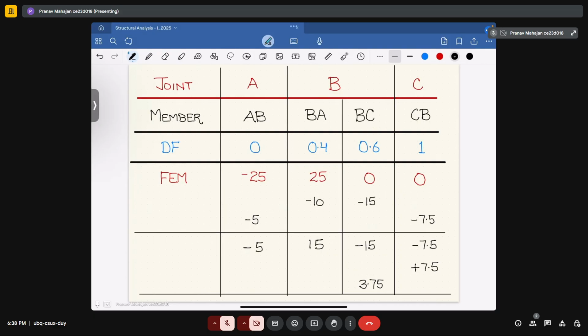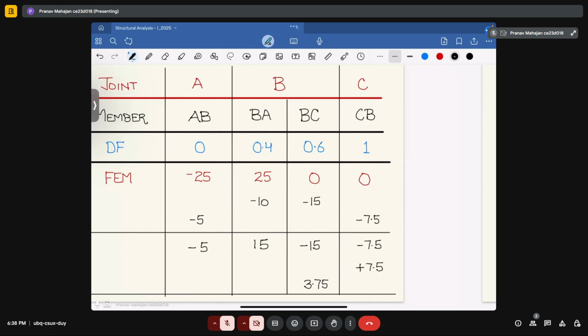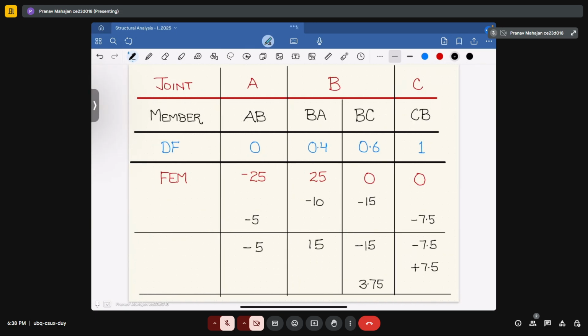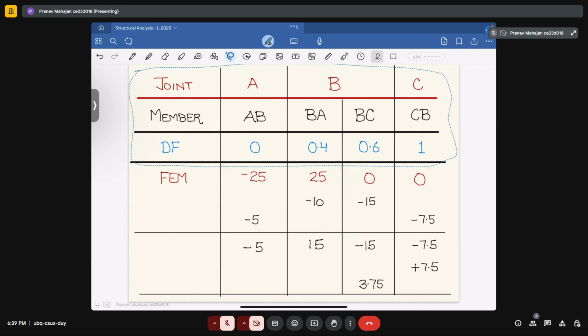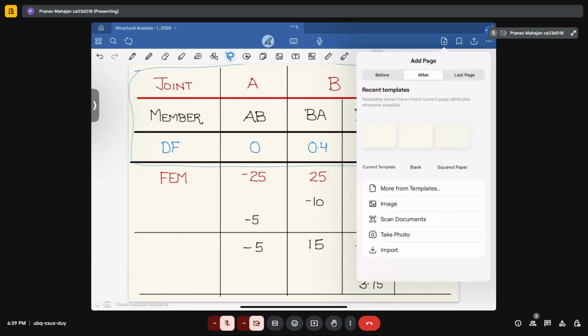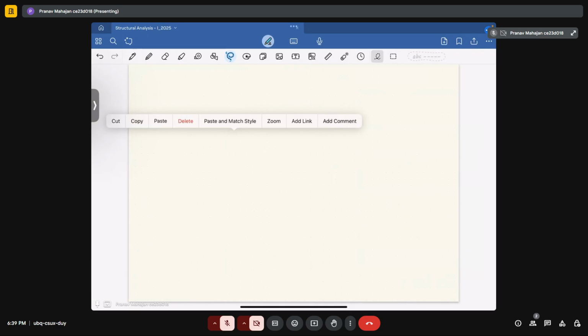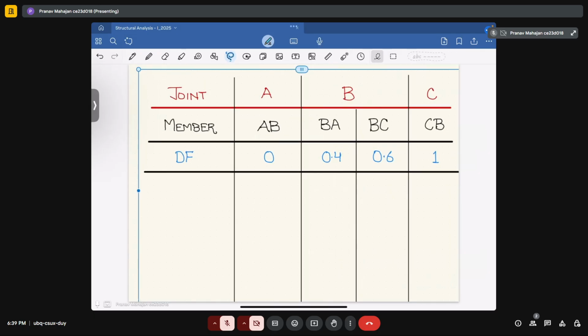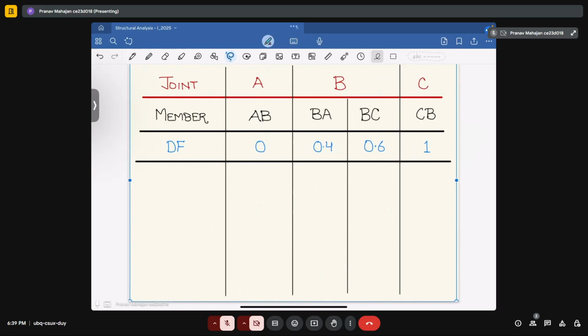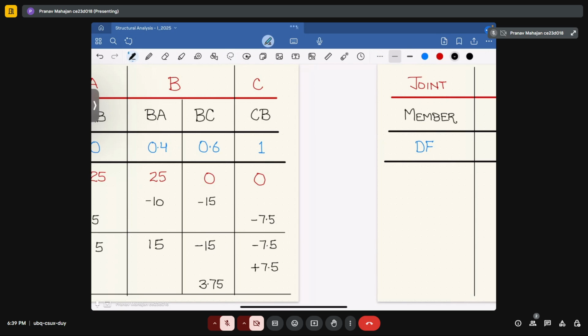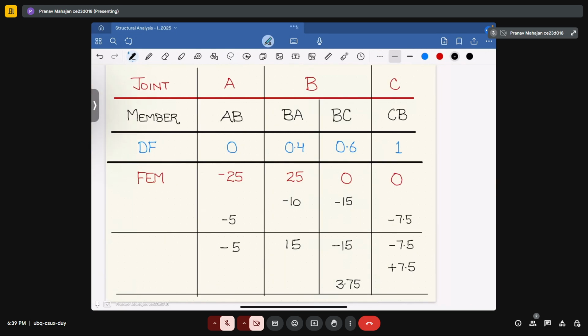So now let's calculate it further. So what it will become, I think I should copy this thing. I don't know whether it will happen or not. So now what it will become, 0.375 you have already mentioned.